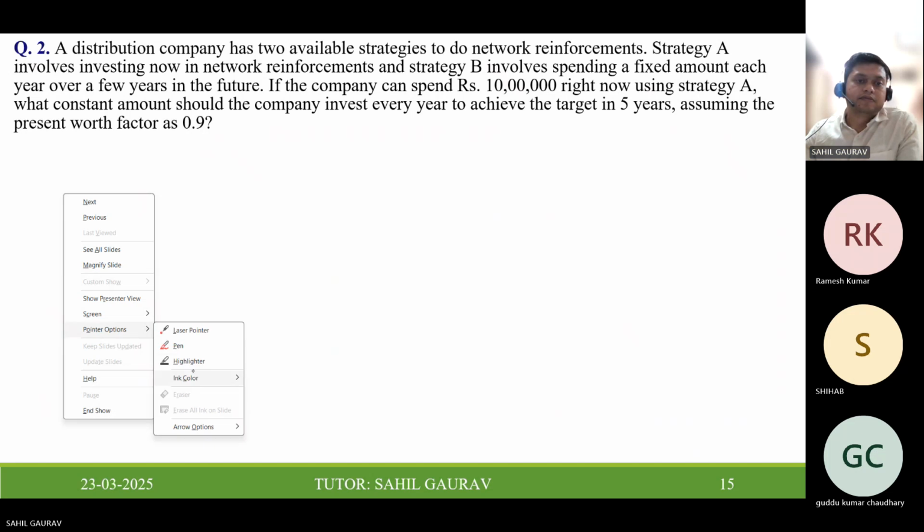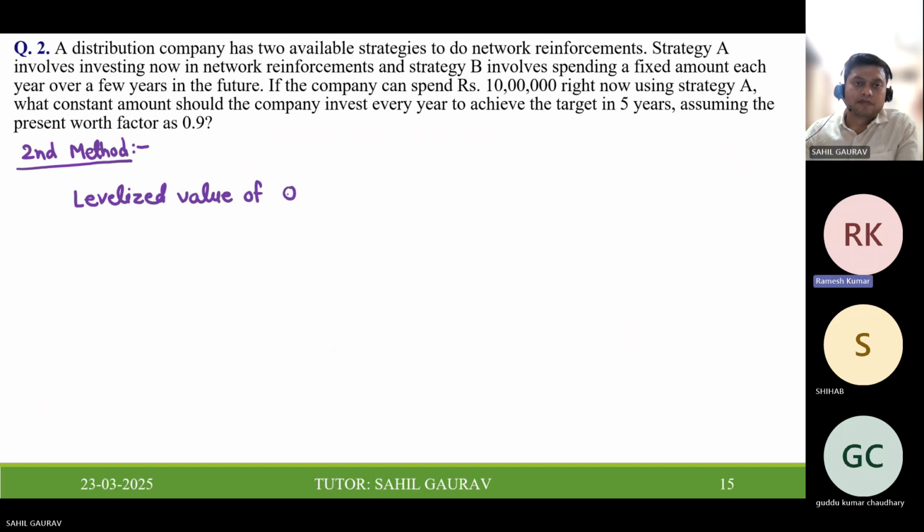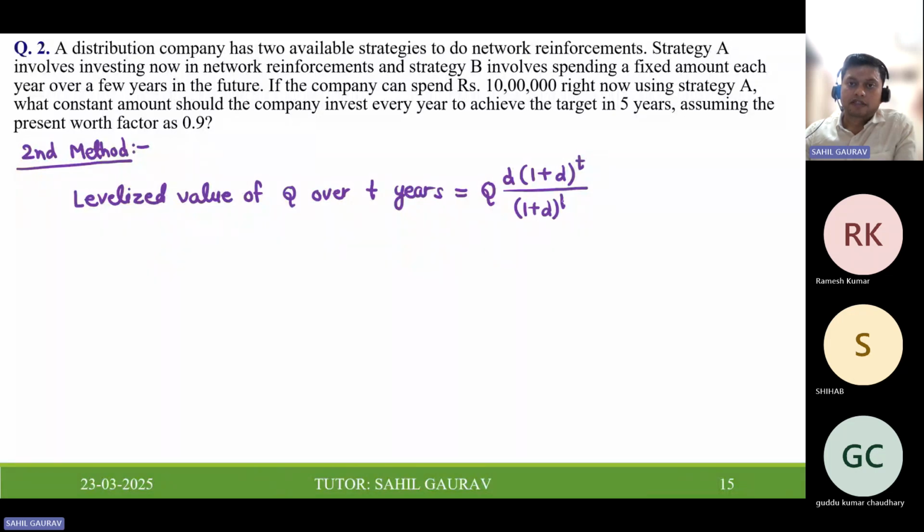The second method: we know the levelized value of Q over T years equals Q into D into (1 plus D) to the power T, upon (1 plus D) to the power T minus 1.